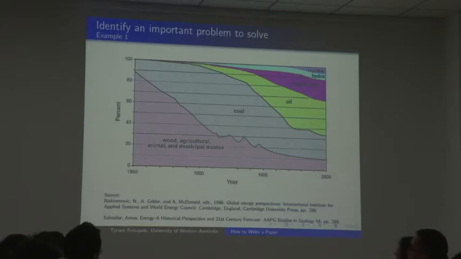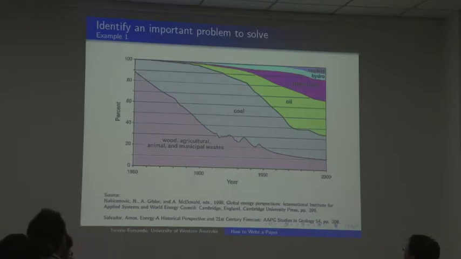Now in the mid-1900s, the internal combustion engine was invented, and we relied on oil and natural gas as energy sources as well, around about 1950.